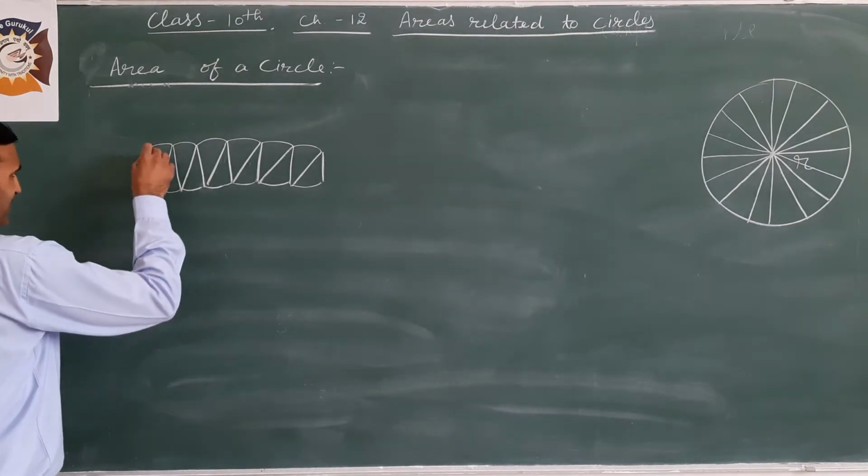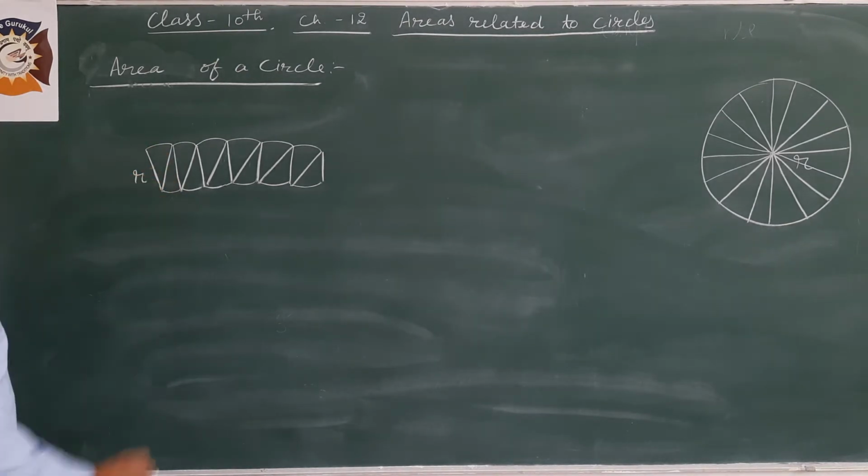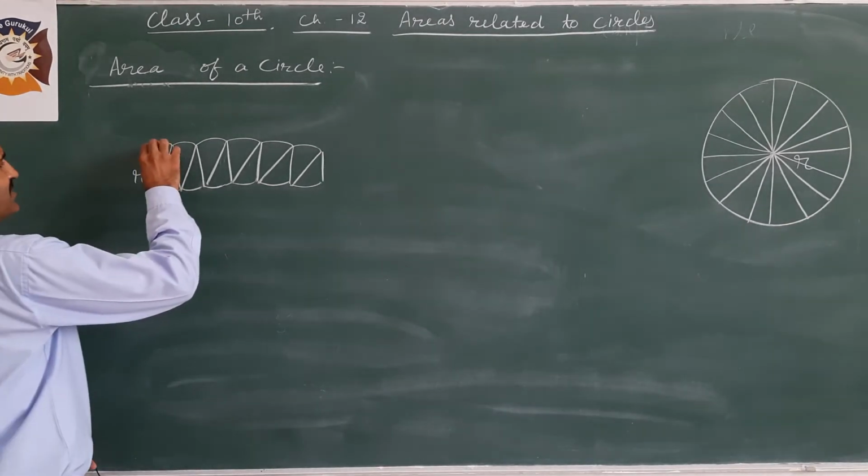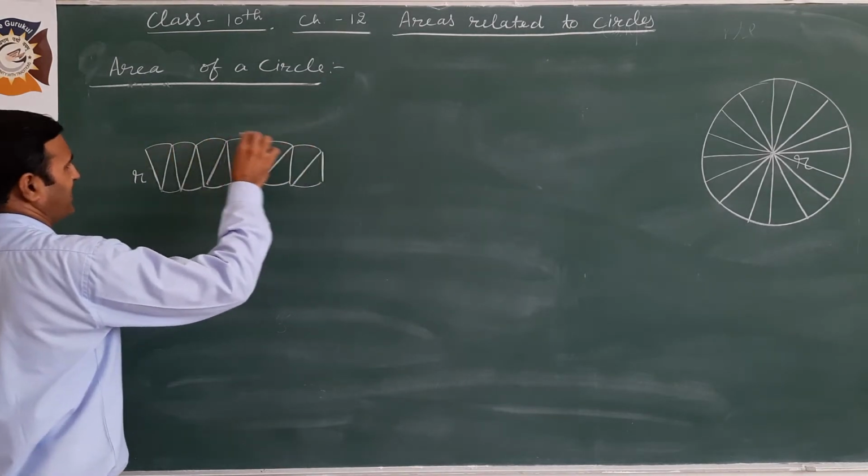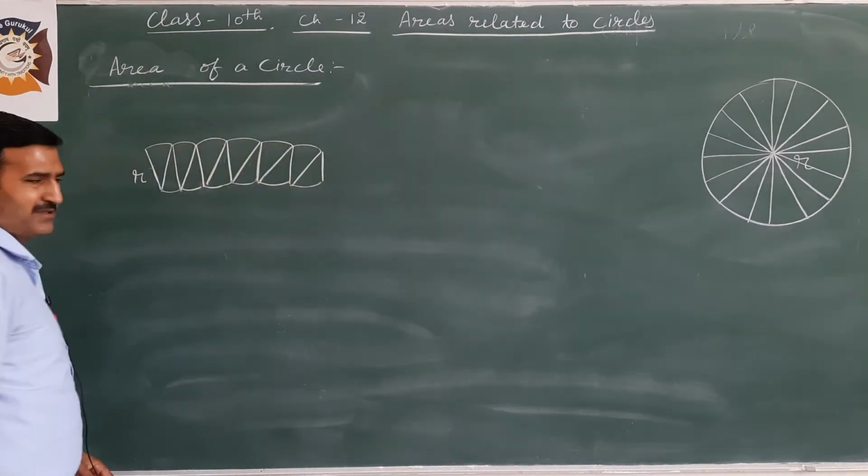What is this? This is the radius, and this is half of the perimeter.